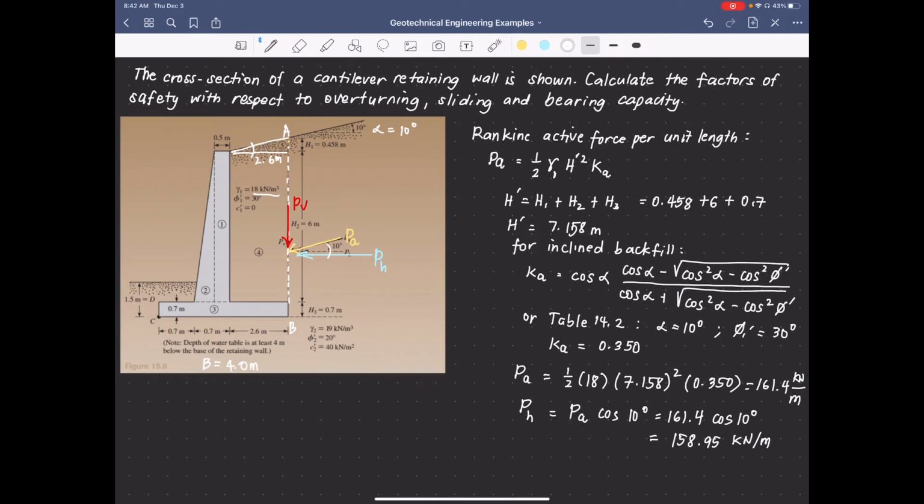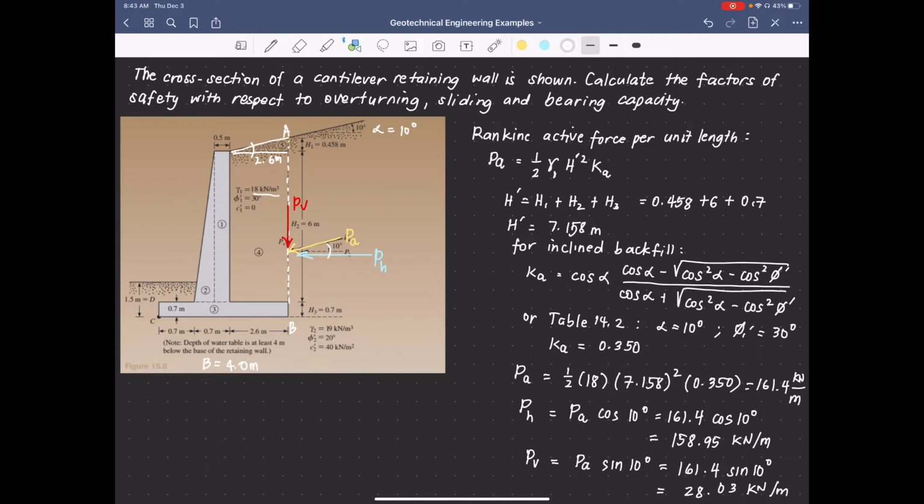Then we calculate the vertical component, which is equal to P sub A sine of 10 degrees, that is 161.4 times sine of 10 degrees, and P sub V is equal to 28.03 kilonewton per meter.